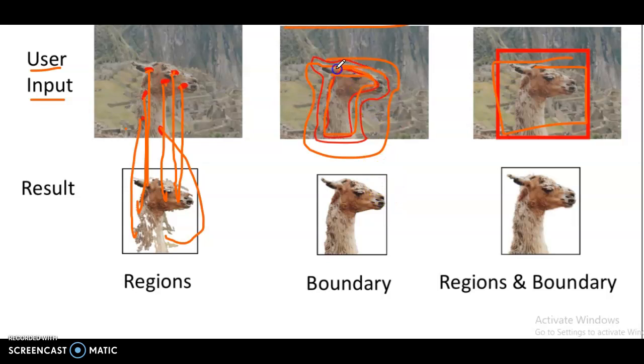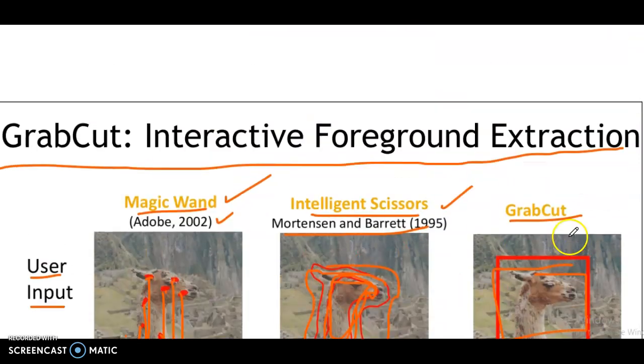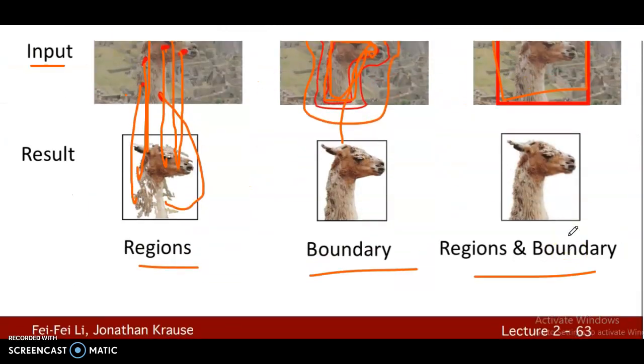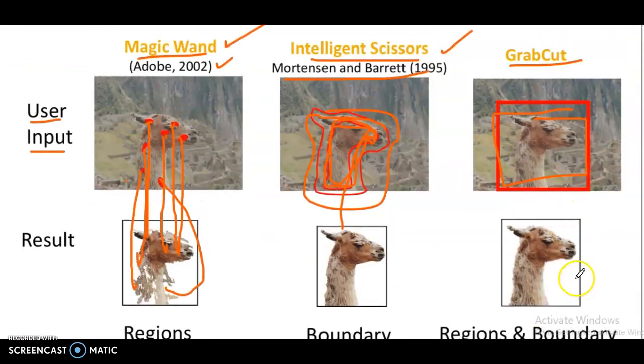Here, this one is available. Boundary, regions, and regions and boundary: that is GrabCut. This is the regions, this is the boundary.